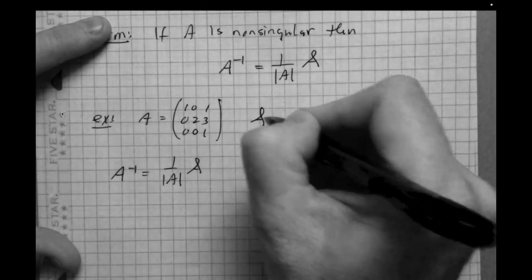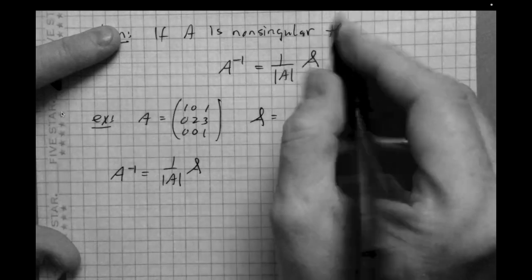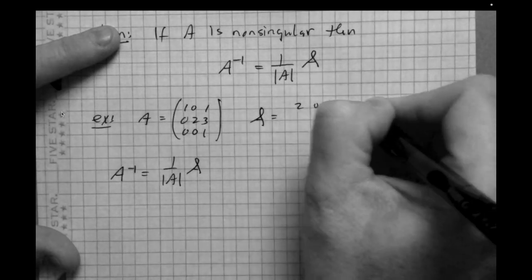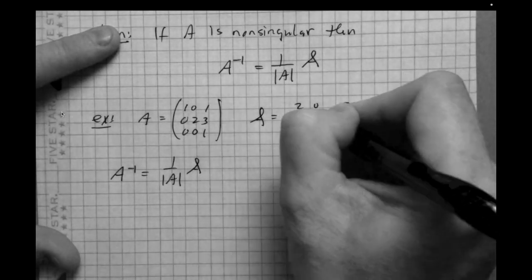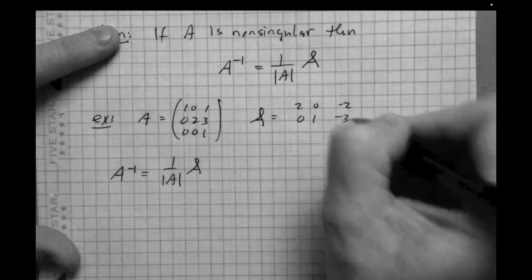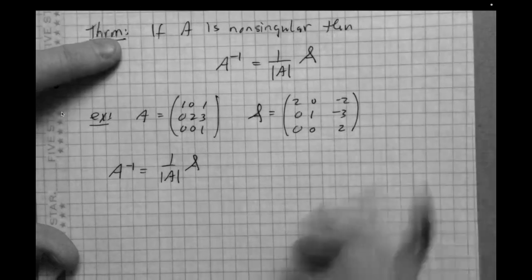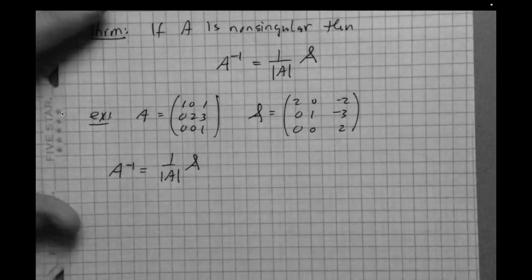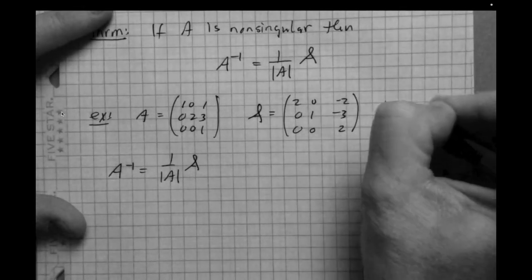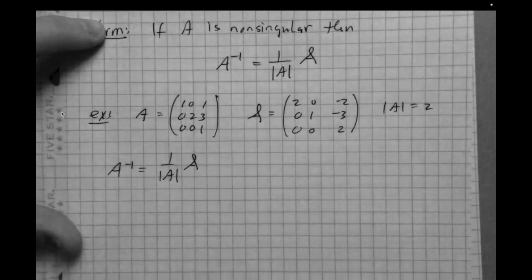We've calculated the adjoint previously. It was [2, 0, -2; 0, 1, -3; 0, 0, 2]. And we know that the determinant of A is 2. We calculated that previously as well.